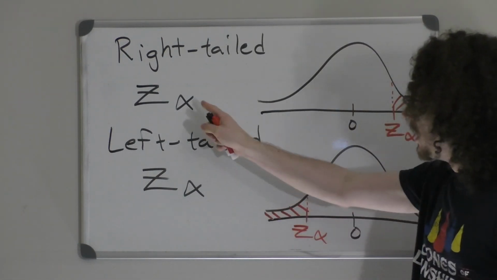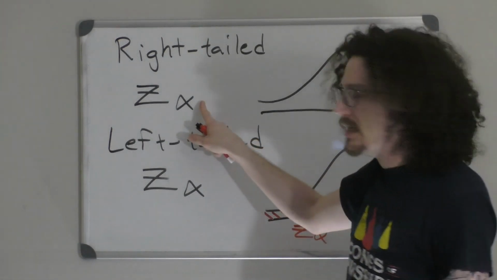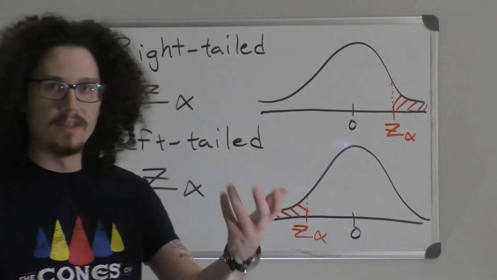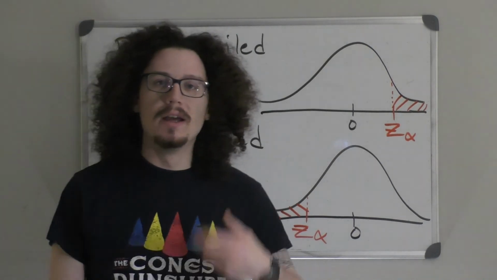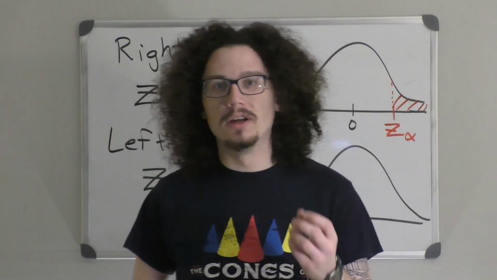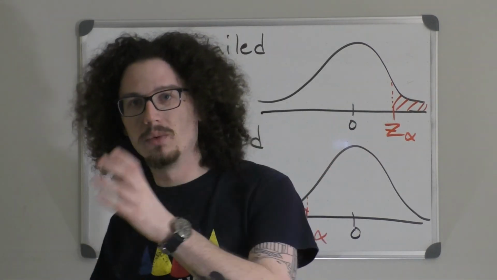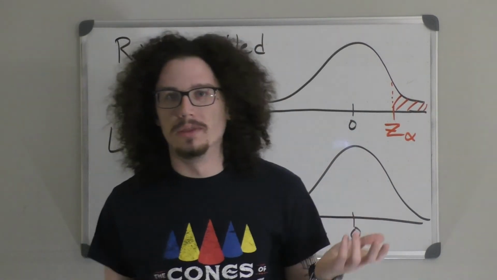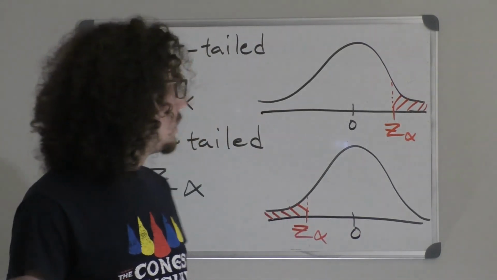So again, if you're doing a 95%, then z 0.05, that's going to be 1.645. If you're doing a 99%, you don't split alpha in half, it's still 0.01. So you're going to get 2.326 or something along those lines.